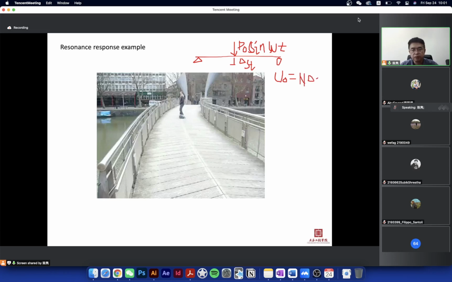For the bridge, the damping is already very small. So the amplitude P0 is the same, but it became a dynamic one. So you can see.